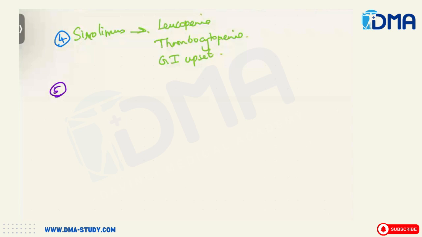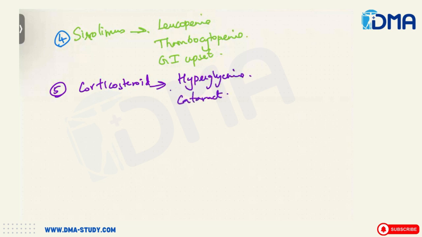Then corticosteroids can also be used as an immunosuppressant. Corticosteroids cause hyperglycemia, cataract, myopathy, osteoporosis.